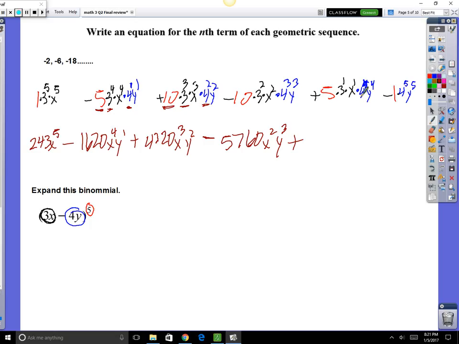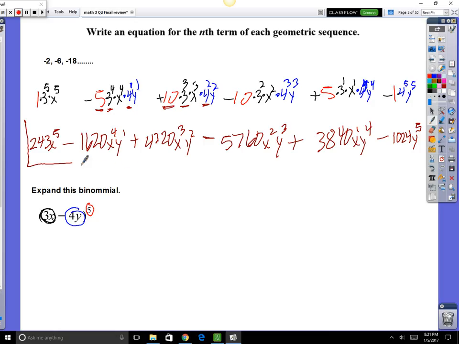Okay, now 5 times 3 times 4 to the 4th, and that's 3,840. X to the 1, y to the 4th, and your last one is just a minus 1 times 4 to the 5th, and that is 1,024, and your variable is just a y to the 5th.